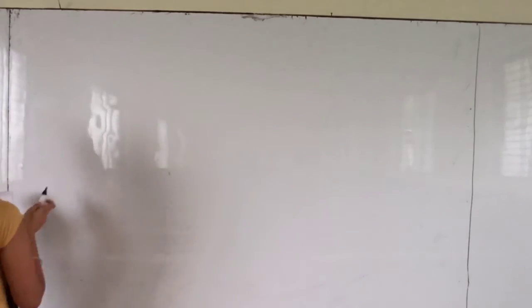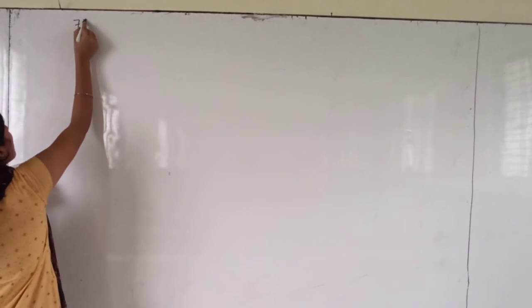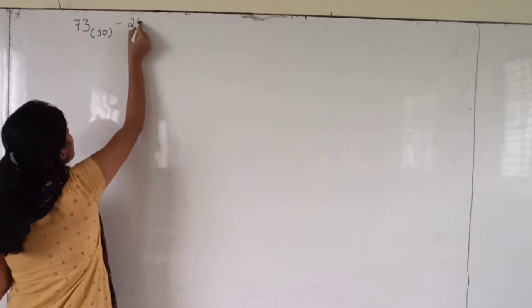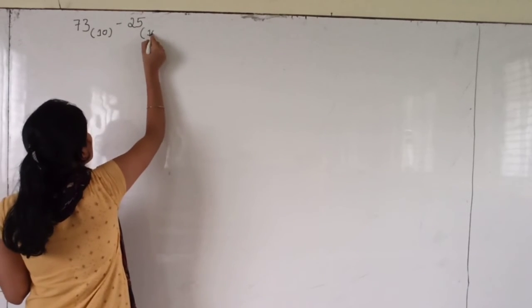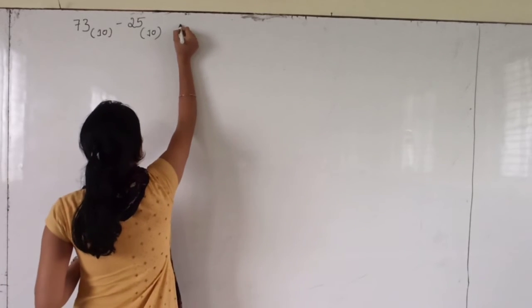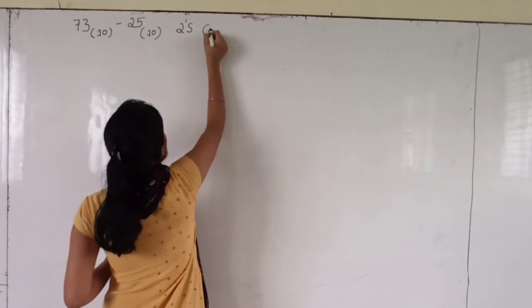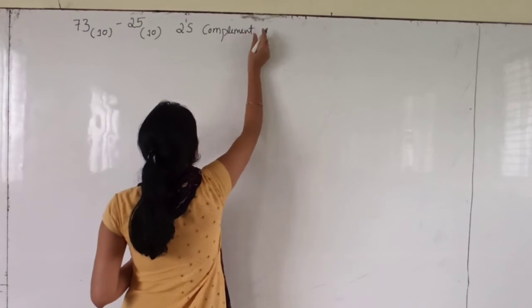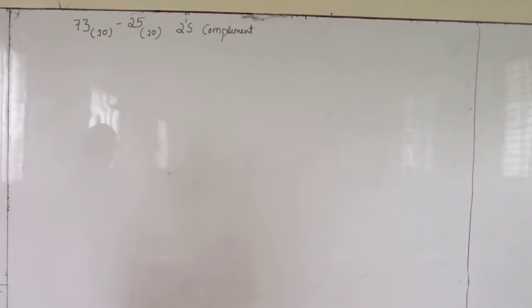Let's solve one more example: 73 minus 25, using the 2's complement method.